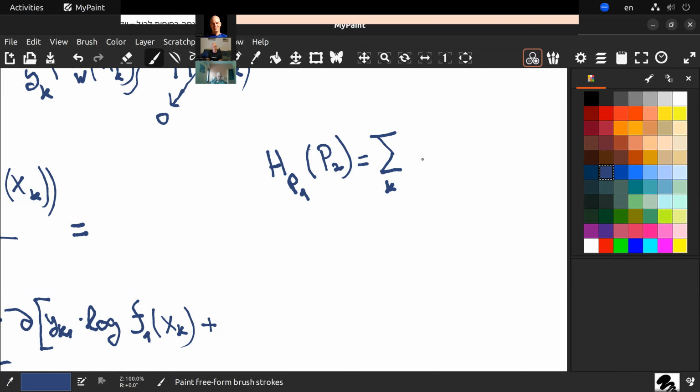So is that correct? Like P1 log of P2, and there is a minus sign. I'm not sure I should have written K here. No, it's okay. Yes, it's precisely. Maybe I would have been better off picking log P2.